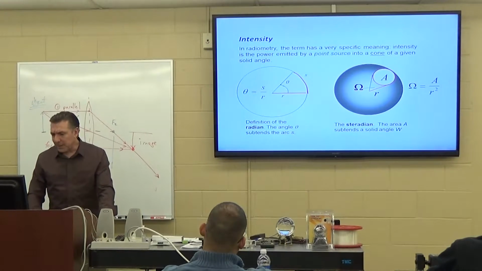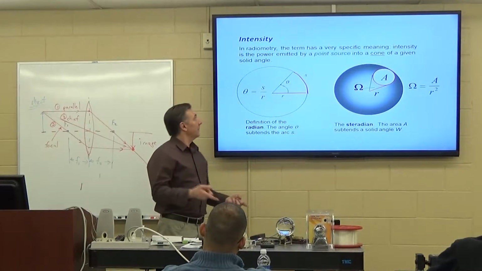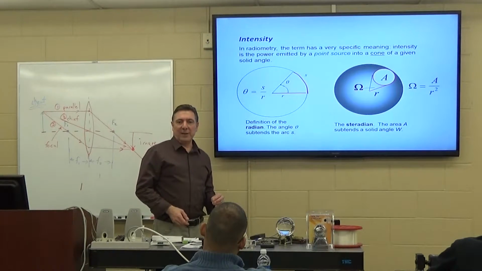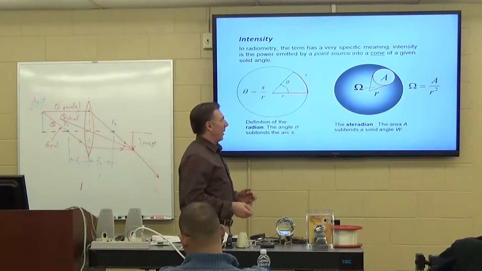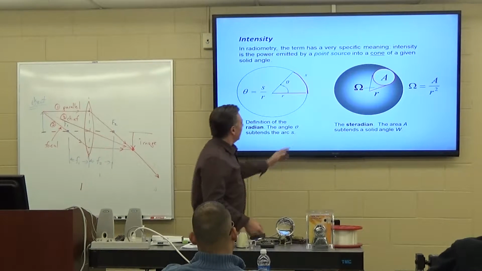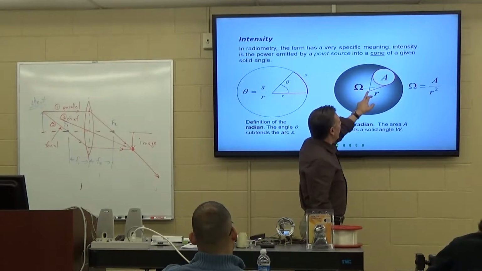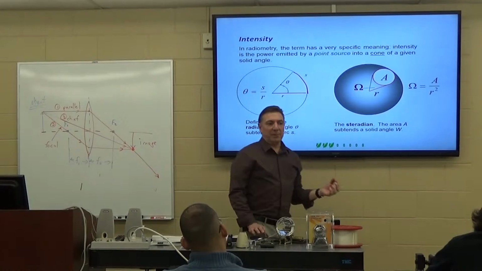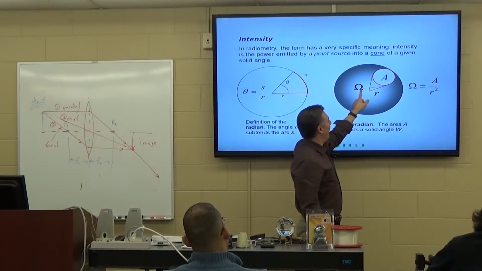Okay, so we talked about intensity. This is kind of the best way I can depict intensity and steradians. Steradians is kind of a difficult quantity to wrap your brain around. But if you look at a sphere and you look at the surface area, one of the words I use in optics is subtends. So it subtends an angle of omega.